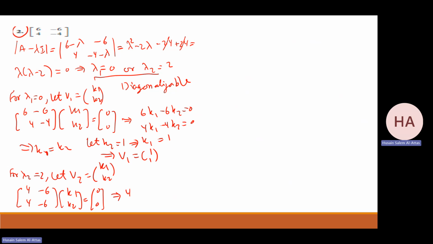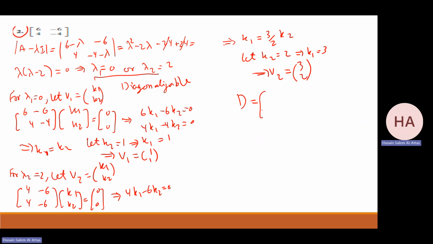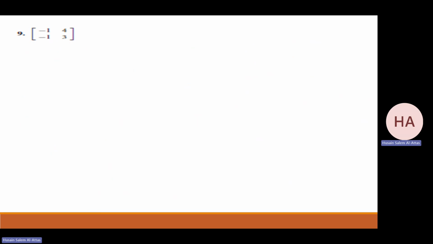So I'm getting 4K1 minus 6K2 equals 0, so K1 equals 3 over 2 K2. So I let K2 equal 2, K1 will be 3. So V2 will be 3, 2. D is 0, 2 on the diagonal, and P is 1, 1, 3, 2. Good. Let's do the next one.